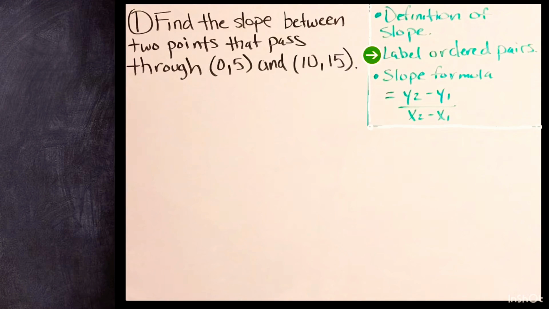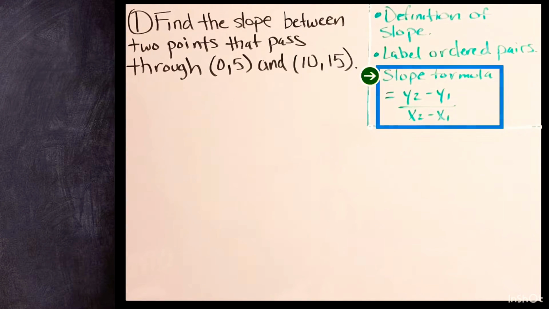The second thing that you need to understand for this problem is how to label ordered pairs, or I like to say how to label coordinates. And we're going to go over that as we get through the example. The final thing that you really need to understand is the slope formula, which you see right here.